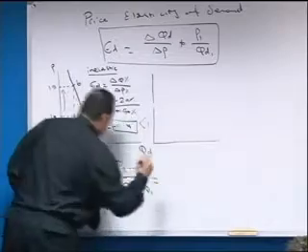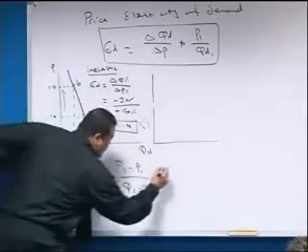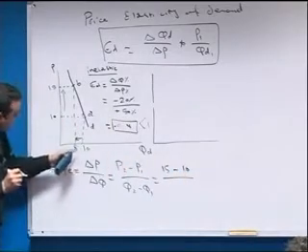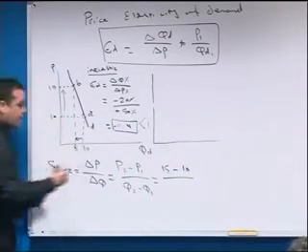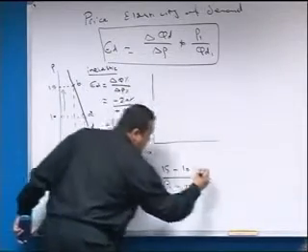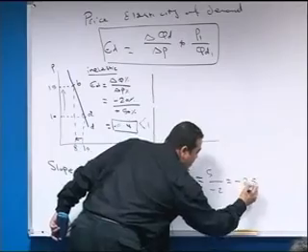So at this point, the price 2 is 15 minus 10 over Q2 minus Q1, 8 minus 10, equals 5 over minus 2 equals minus 2.5.